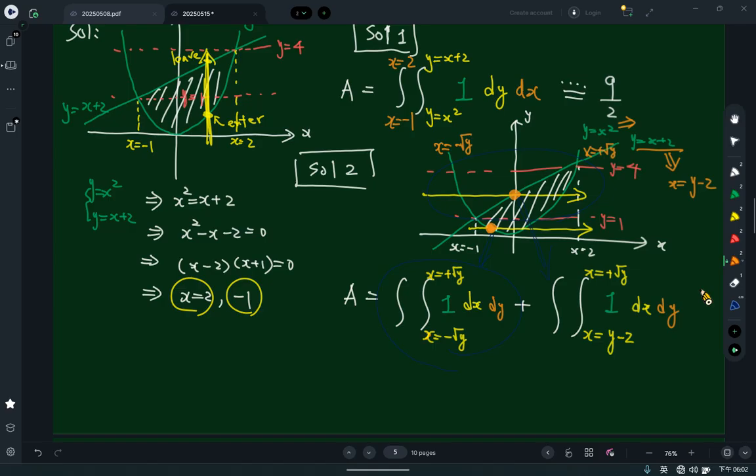Then for this part, y will range from y is equal to 0 to y is equal to 1. Then for this part, it will be 1 to 4.